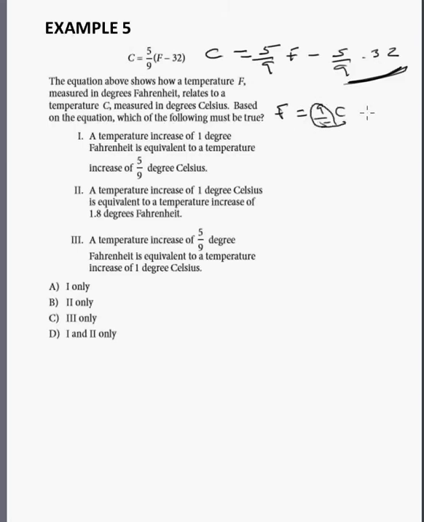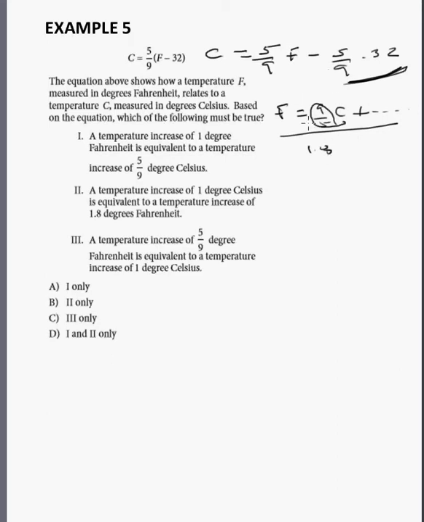When you restructure this with some constant like that, you're going to see that F is also related to C in this way. So you can also see that when C changes by 1 degree Celsius, F will change by 9 over 5. 9 over 5 is 1.8, I believe it's 1.8.